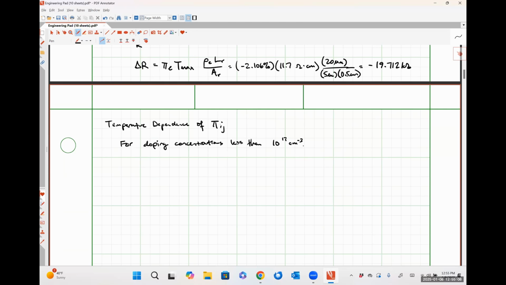Okay. Pi ij as a function of temperature is going to look like whatever the piezoresistive coefficient was at 300 degrees Kelvin times 300K over our temperature. Okay. So it's just a simple inversely proportional relationship with temperature.